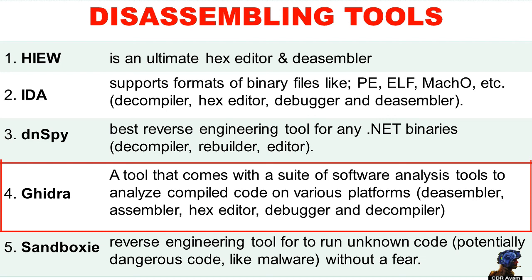Ghidra is my favorite because of its multi-purpose features, that is, its capabilities to function as a debugger, a binary editor, a decompiler, a recompiler of binaries, and as a software disassembling and assembling tool. For these reasons, I'll be using Ghidra to conduct our software reverse engineering.